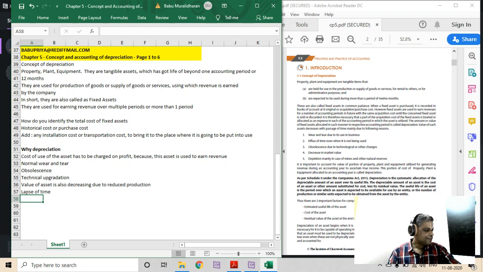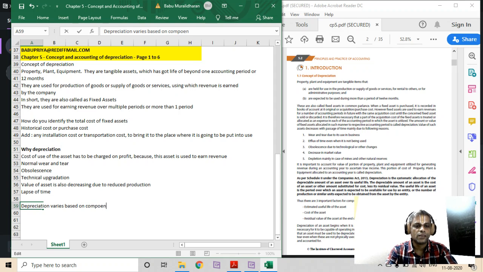And depreciation need not be a full charge. Depreciation varies based on components. When we say component, let's take an example of an aircraft.